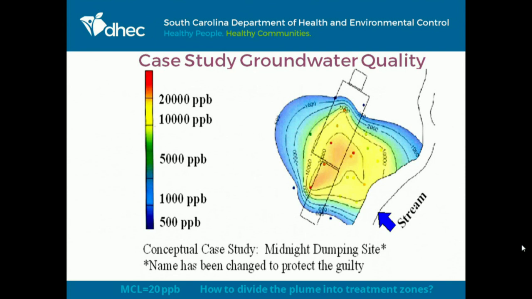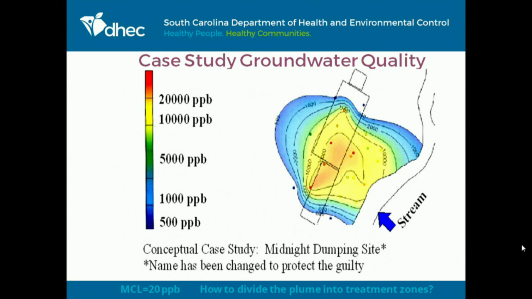And this is a real site. I did not make up these numbers. I did not make up the colored contours. But I decided to call it the Midnight Dumping Site because if I gave the name of it, I might get in trouble.